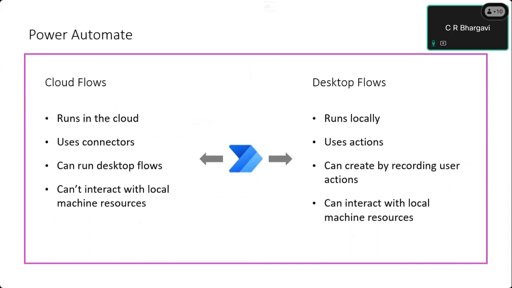Also, you cannot interact with the local machine in the cloud, but inside the desktop, you will be interacting with the local machines. So this is the major difference that should decide whether you choose the cloud flow or the desktop flow. To an ultimate end, you can use the desktop and integrate it inside the cloud flow as well, and go ahead with that.